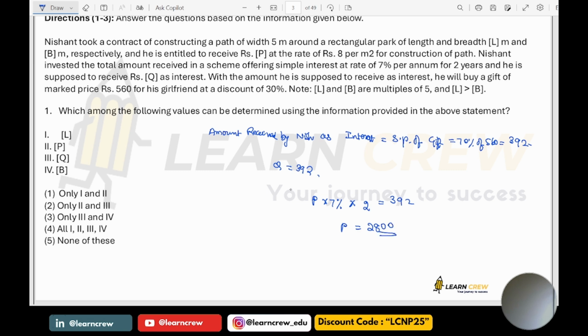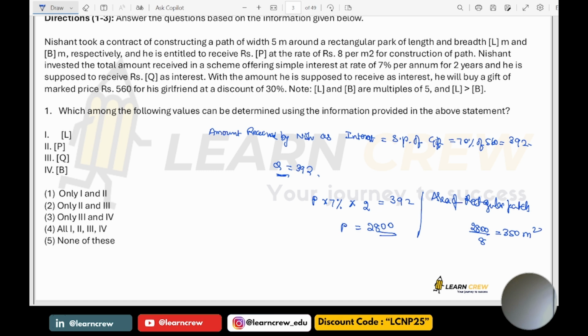If P is 2800 and Q is 392, then we find the area of the rectangular path. 2800 is the total amount at the rate of 8 per meter square. Thereby 2800 by 8, which is 350 meter square, is the area of the path.